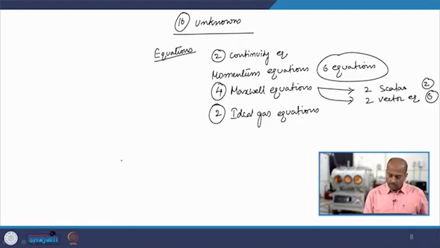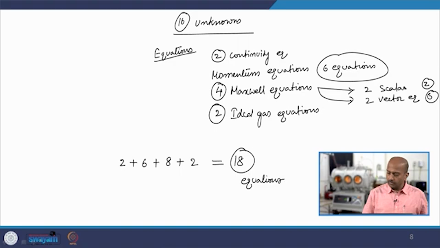So in total: 2 for the continuity, 6 for the momentum, 8 for the Maxwell equations, plus 2 for the ideal gas equations. We have 18 equations in total. Fine.